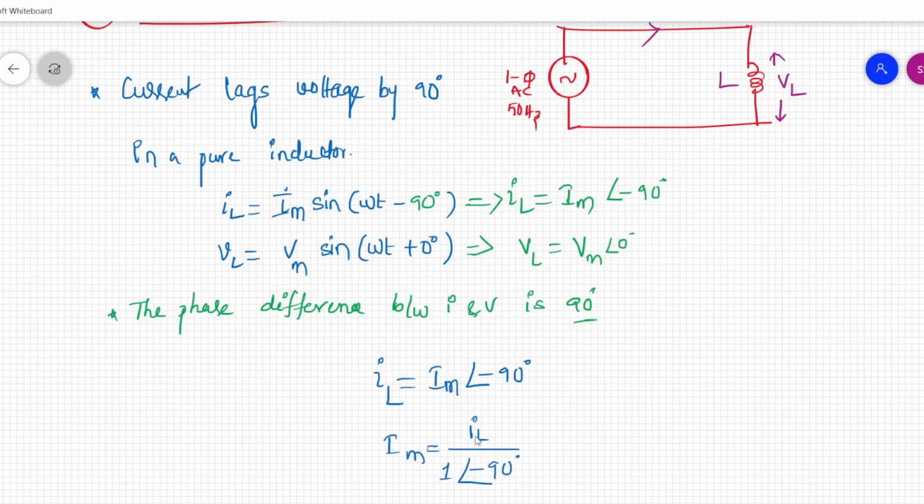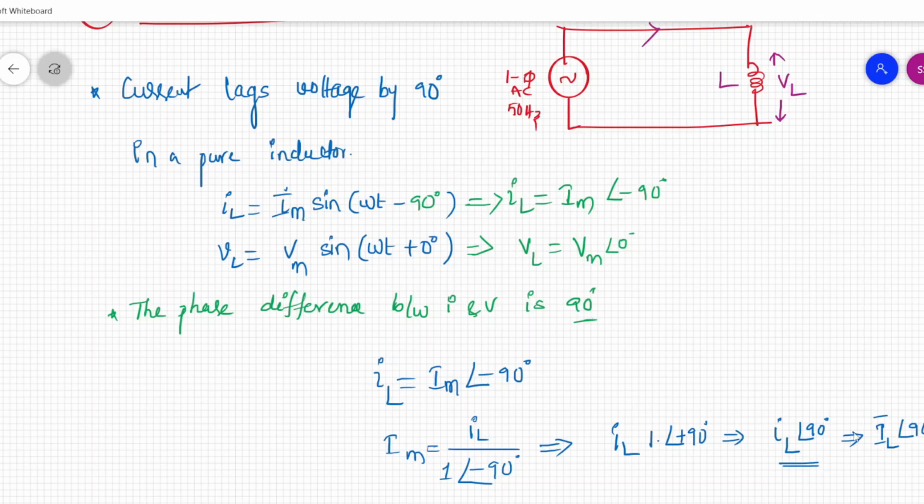I have shifted the phase to the other side, so this will be equal to IL, you can shift this 90 to the upward, that is the numerator, that will become plus 90. So here IL is having a phase displacement of 90 degrees. This is the phasor representation of IL, that is IL bar at an angle of 90 degrees.